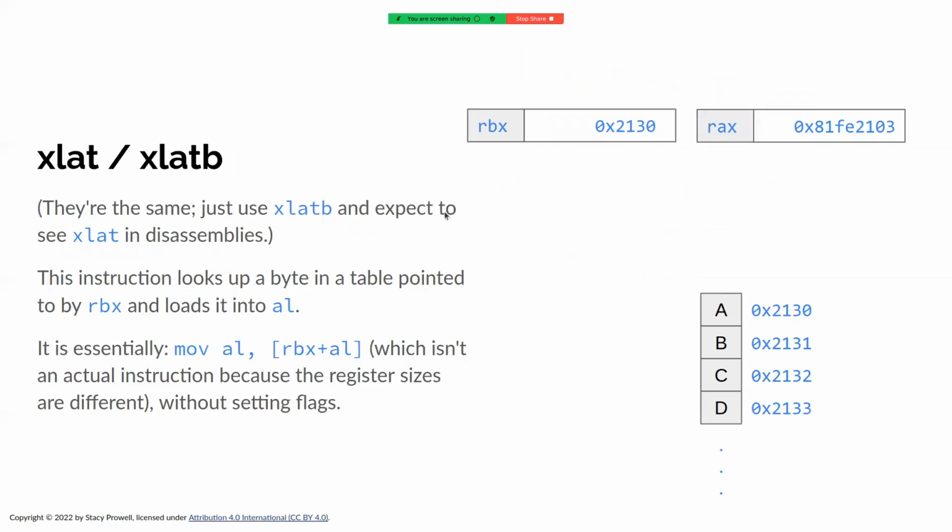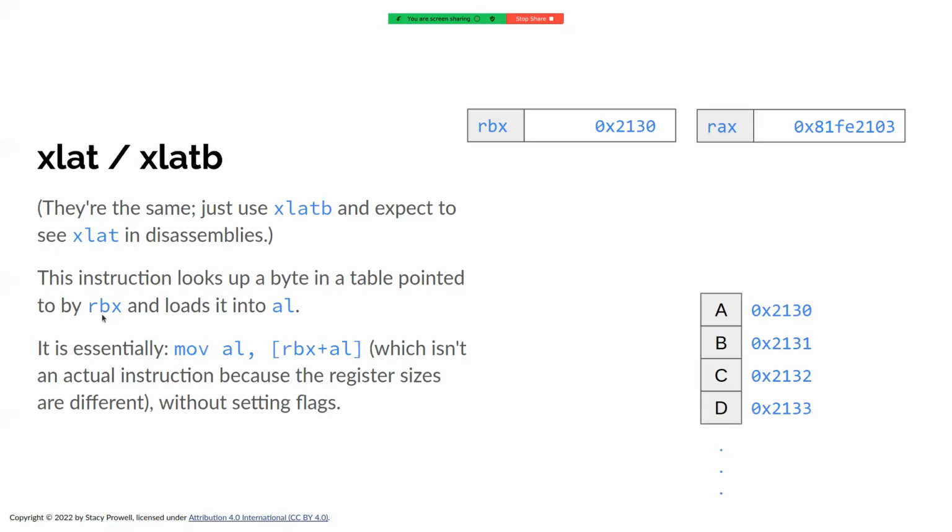Another way to do it is to use these instructions right here, translate and translate byte. And they are the same instruction. It's just yet another Intel-ism. You might write this in your assembly code and see this in the disassembly, or you might have the opposite thing happen. It's fine, they're the same thing. This instruction will look up a byte in a table pointed to by RBX.